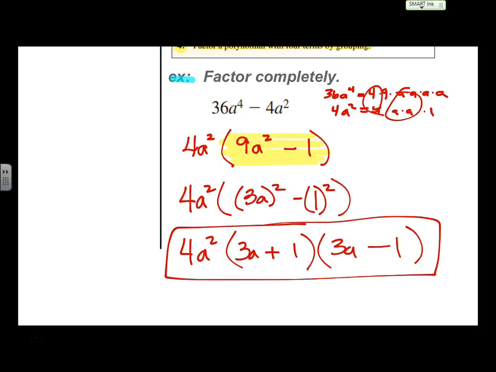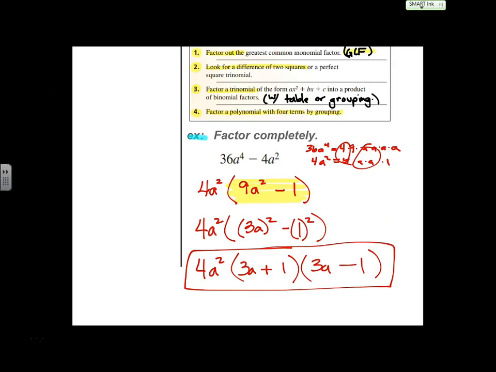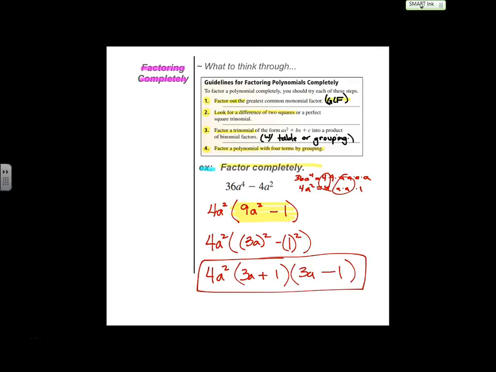What this says when you see factoring completely, and I just crossed it out instead of highlighting it, is that you might be able to do one step, and then there might be another step to still keep doing. Does that make sense? One problem won't have all 4, and here's the reason why. 1 says look for GCF. 2 says difference of 2 squares is a binomial.